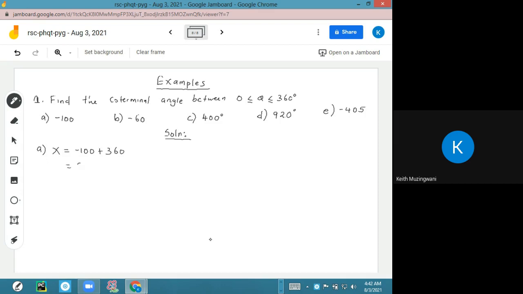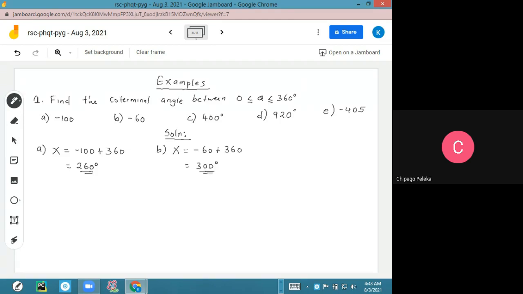And what we'll get is 260. This falls in the interval 0 to 360. So we have found the coterminal angle of -100. B, x will be -60 plus 360. So we'll get 300 degrees as our coterminal.